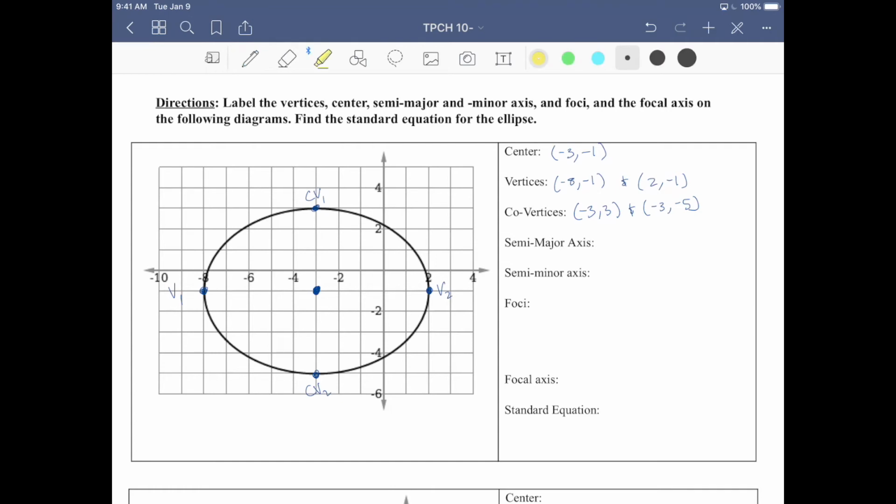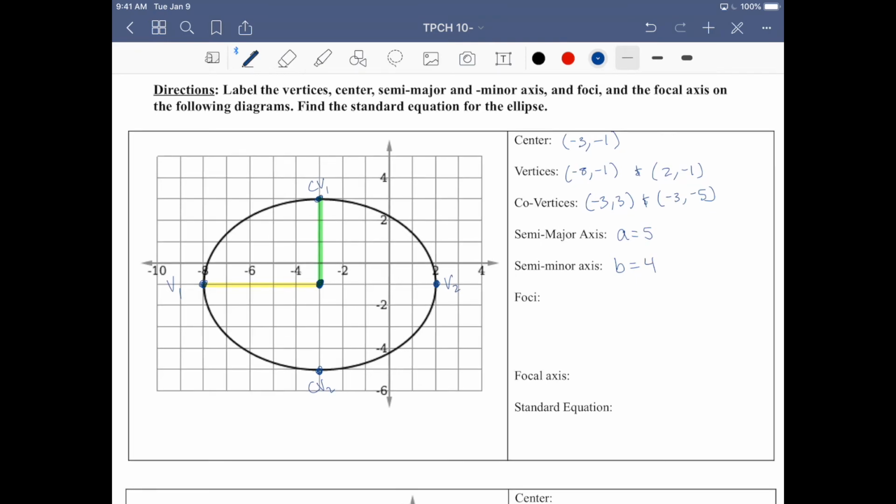And now to find the semi-major axis length, that is going to be this distance right here. So I'm going to count. That's 1, 2, 3, 4, 5. So a equals 5. Now for the minor axis length, that's going to be this distance. And I'm going to count that. 1, 2, 3, 4. So b equals 4.